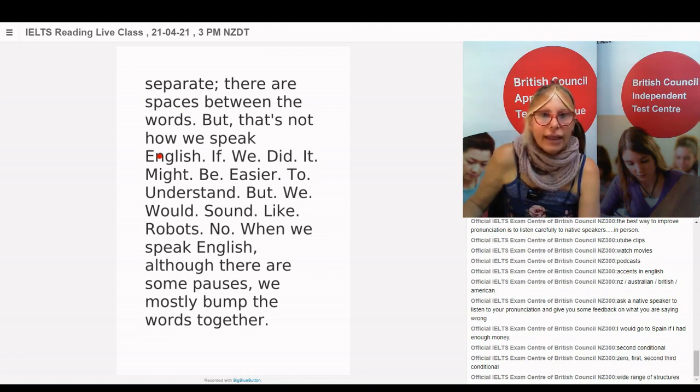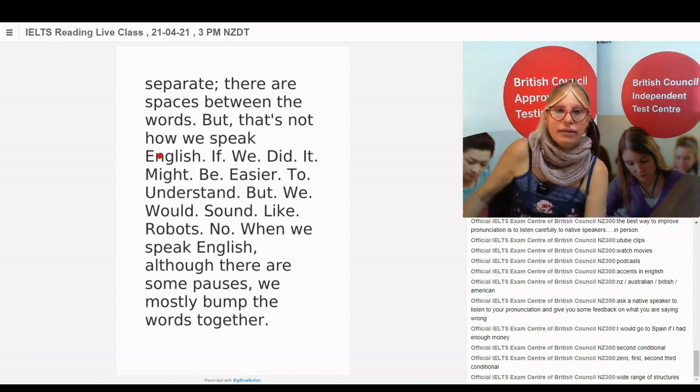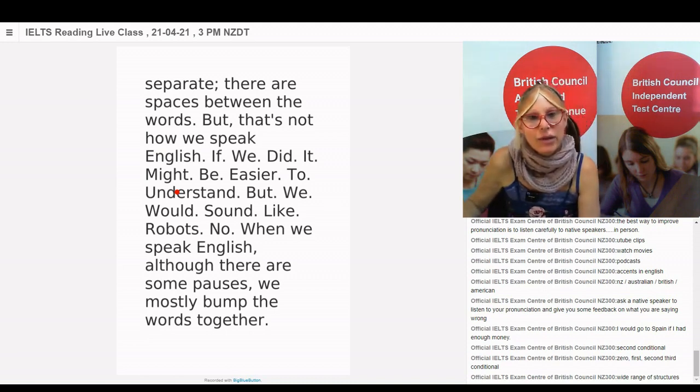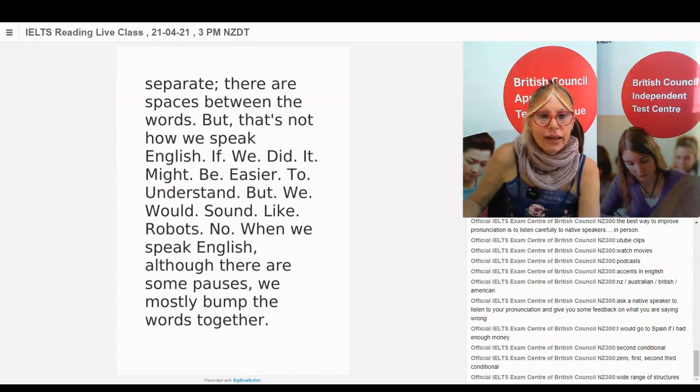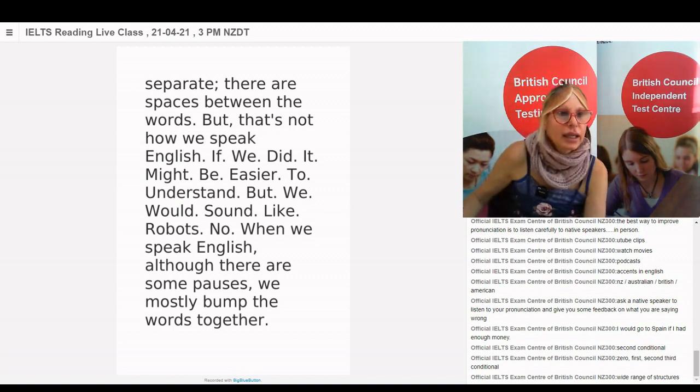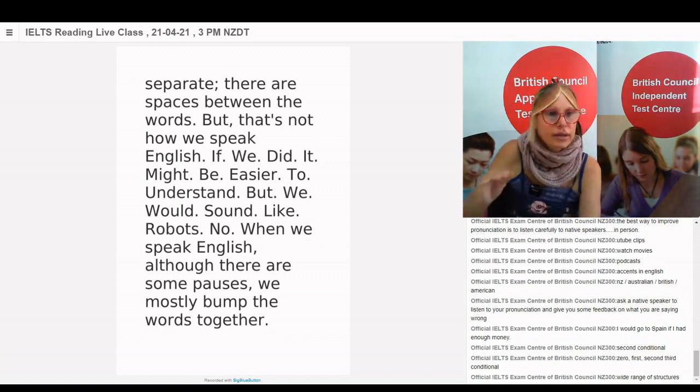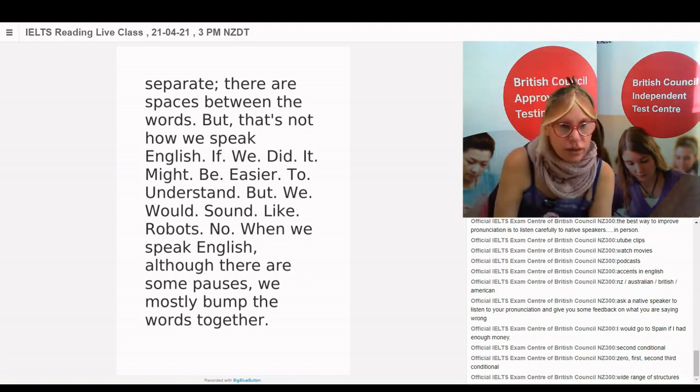If we did, it might be easier to understand, but we would sound like robots. Okay, so remember, when we speak English, although, yes, there are some pauses, we bump the words together, okay? We never speak like robots because we are not robots.